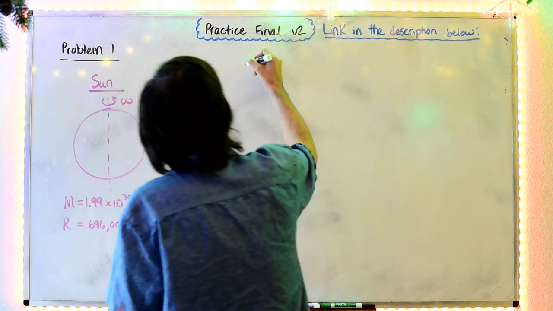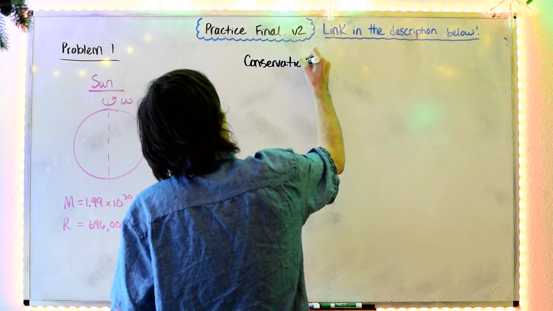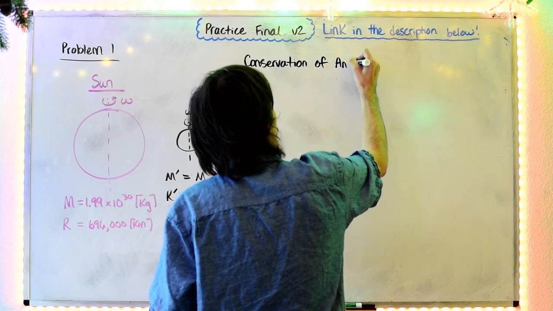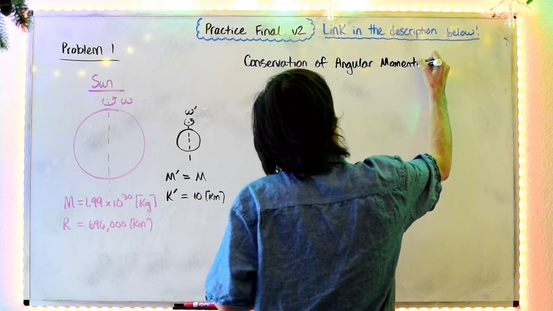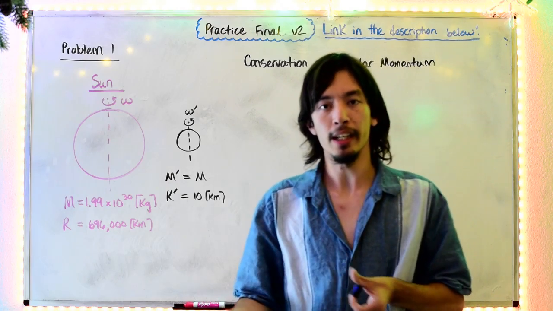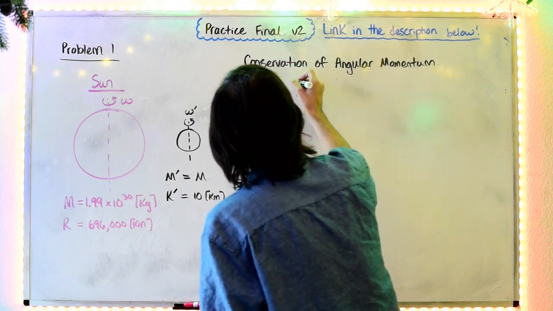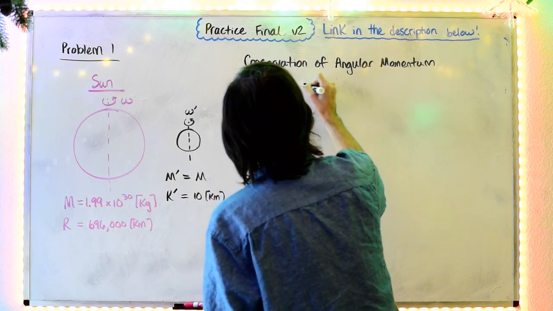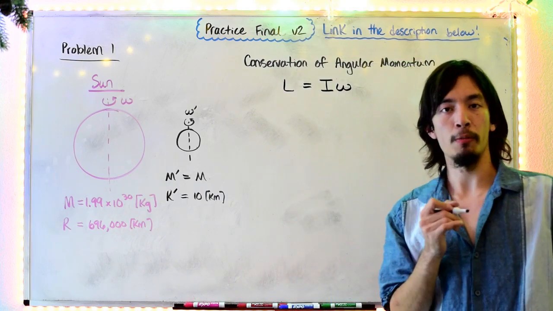So the conservation of angular momentum states that the total angular momentum of the system initially equals the total angular momentum final. So we say the angular momentum, L, in general is the moment of inertia, I, times omega.